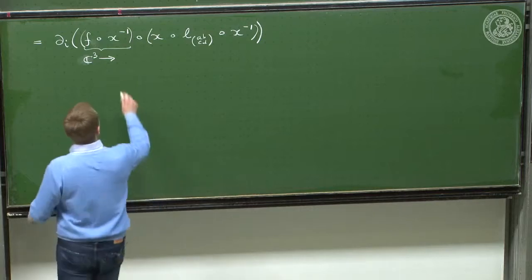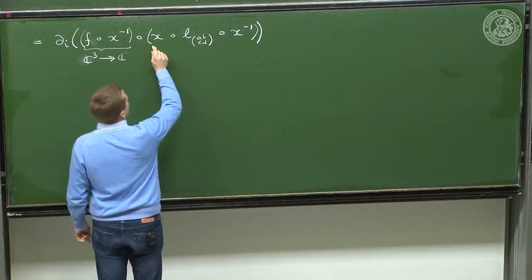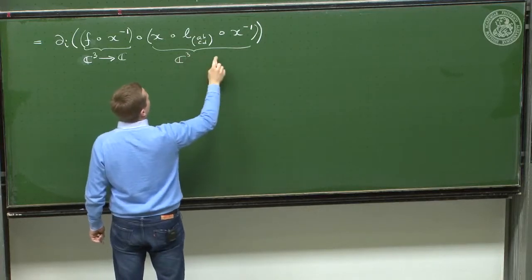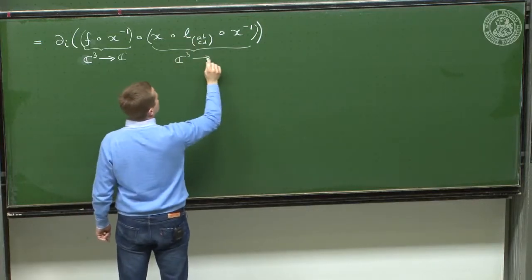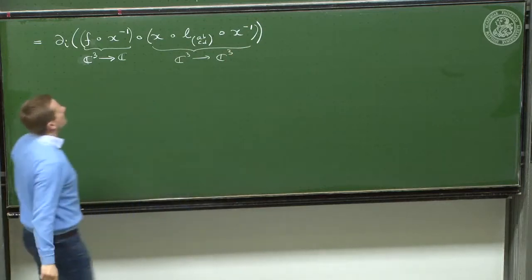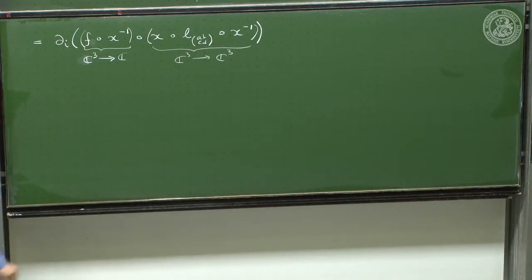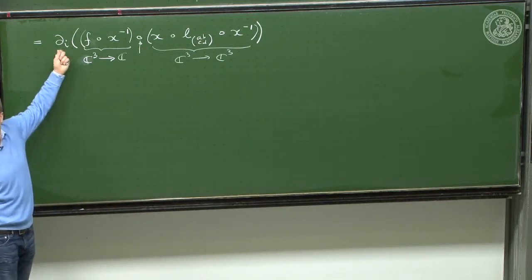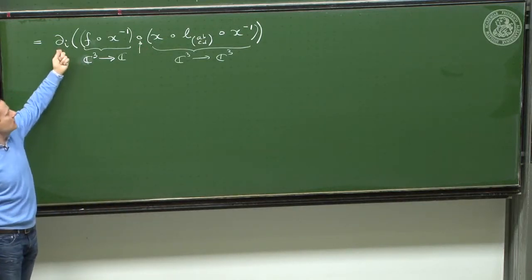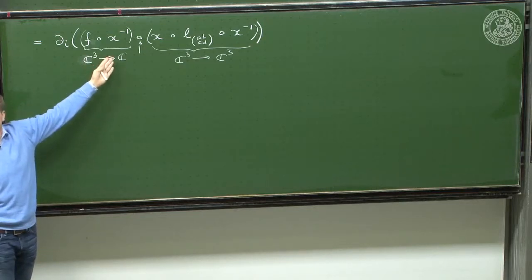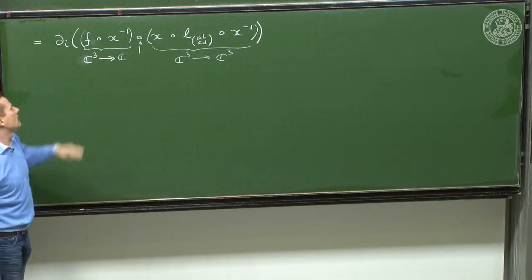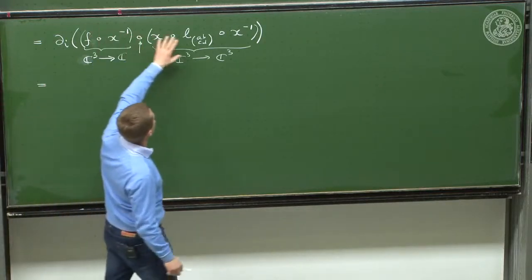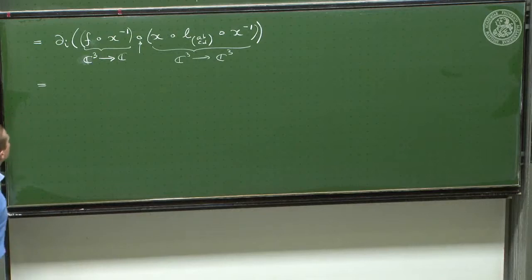C3 to C, and this guy here goes from some part of C3 via the manifold down to C, some part of C3. Well, that's the situation, and there is a composition in between, and there is a derivative. It's multidimensional, so we need the multidimensional chain rule. But we can use it. So how does it work? That's the outer derivative, and that's the inner derivative.